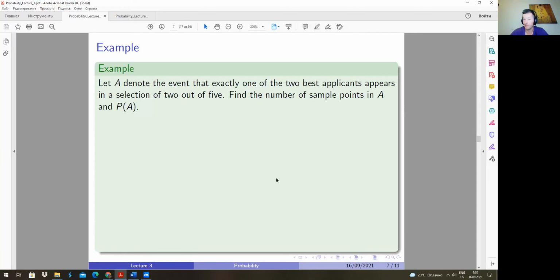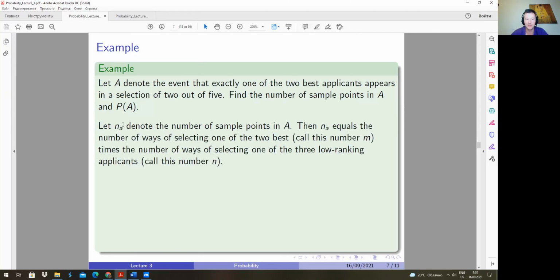So let's try to do this together. Because it might be a bit difficult, I just gave you a chance to think yourself. So look, let's denote by n(A) the number of sample points in this event A. And n(A) equals the number of ways of selecting one of two best times the number of ways of selecting one of three low-ranking applicants. So this is a hint for you.